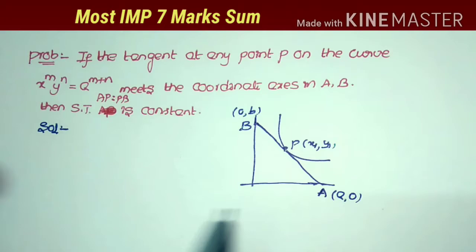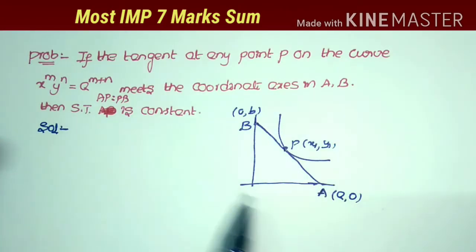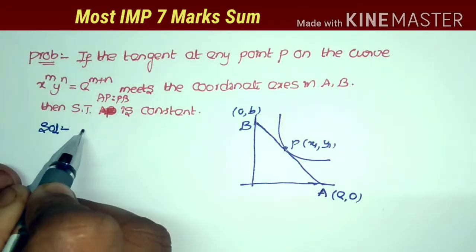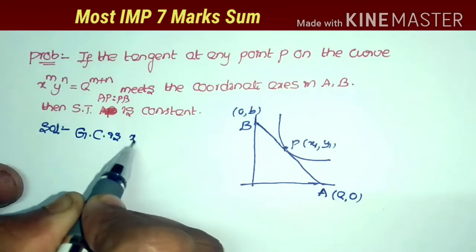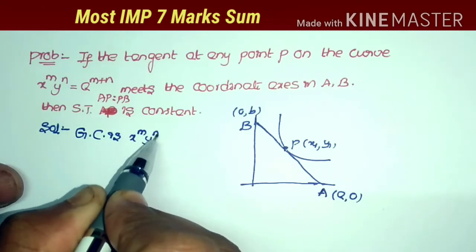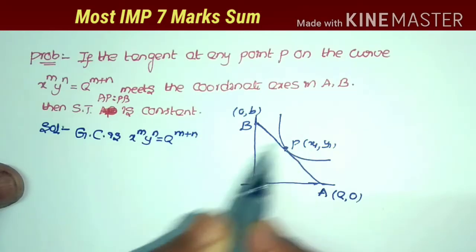Now what is the given question? Show that AP : PB is constant. So this is the diagram of the question. First I write the given data here. Given curve is x^m y^n = a^(m+n). First we take one point on the curve.